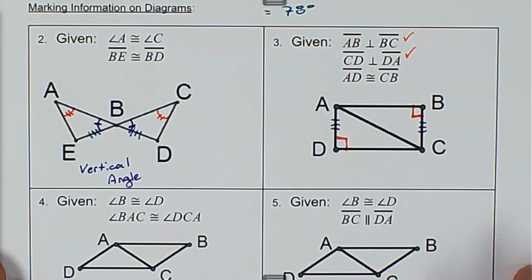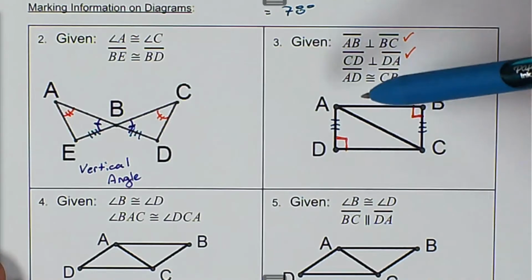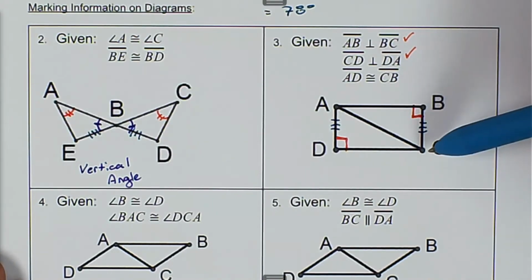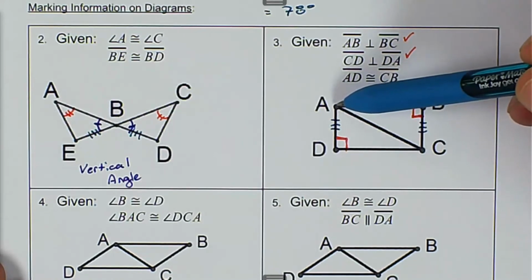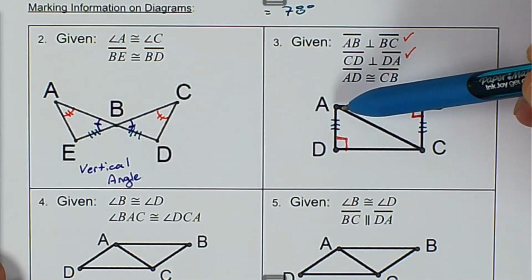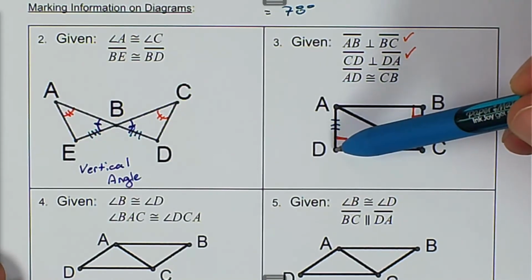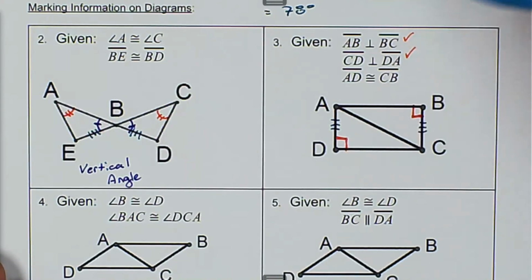There's one more piece of information that we can say, and that is, so this is going to be triangle CBA, and that would be congruent to ADC.